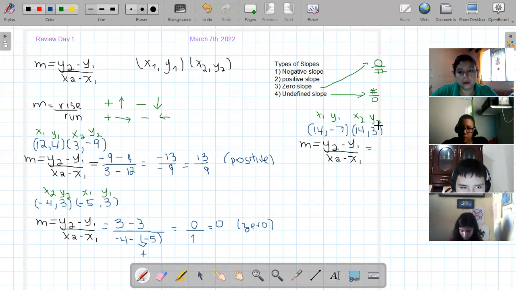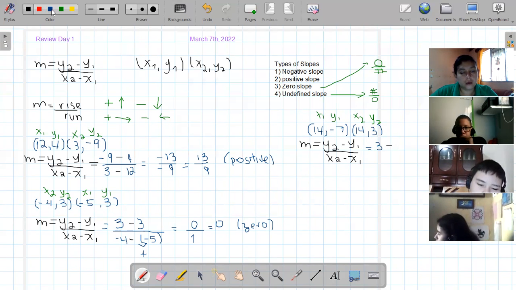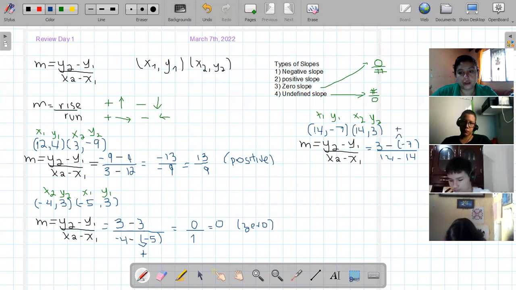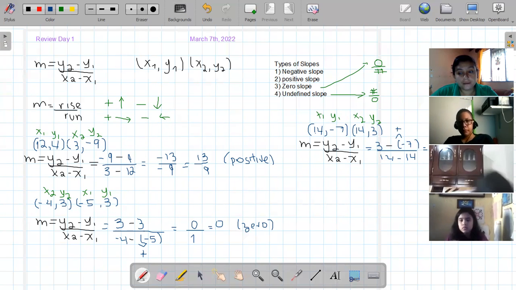Okay, so y2 is 3 minus y1, -7. I always place the negatives in between the parentheses. Over x2, 14, minus x1, 14. Now negative and negative, positive. 3 plus 7 is 10.